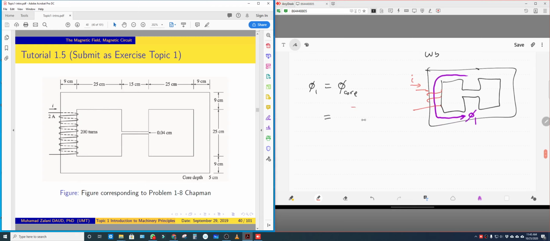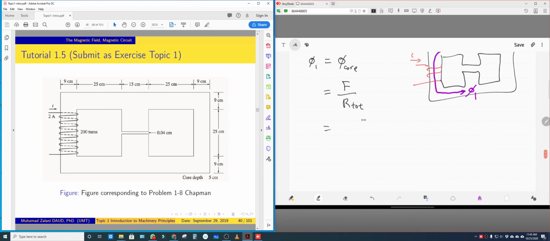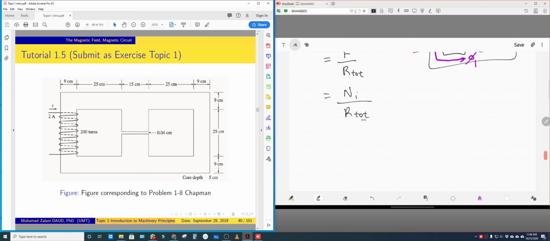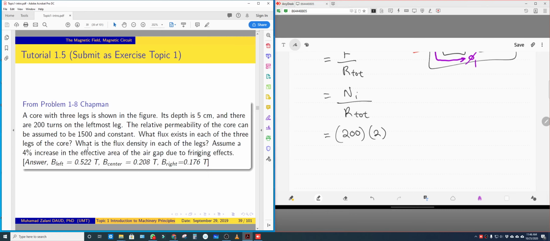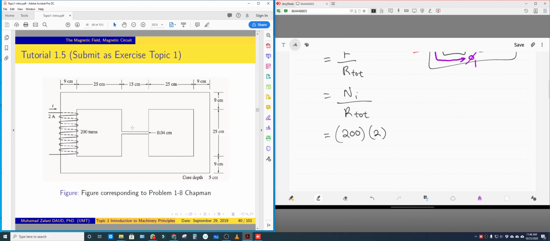Flux is F over R total, that is N times I over R total. The number of turns is 200, and the current is 2 amps, given in the figure.